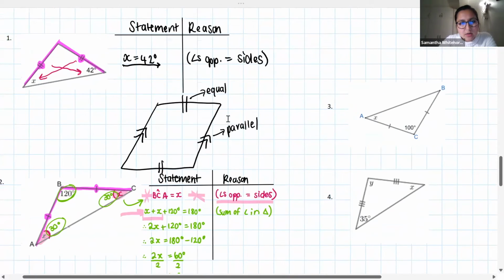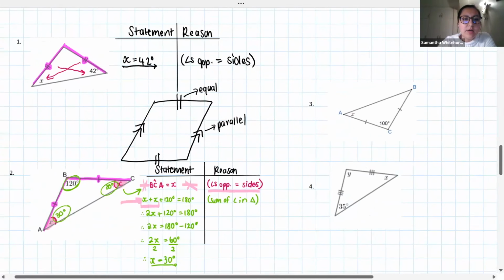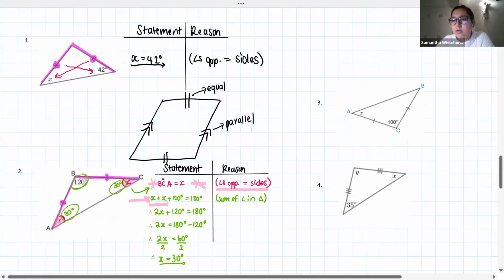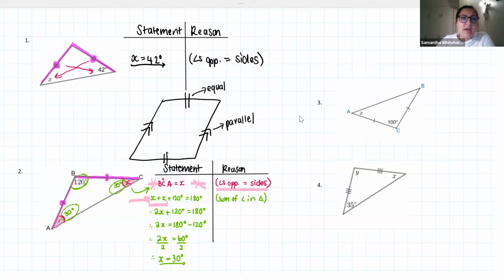Screenshot this one for X is equal to 30 degrees. Oh, I see what you're saying. Oh, golly, I'm so sorry. What a silly nana. Thank you. Yeah. Sorry about that.